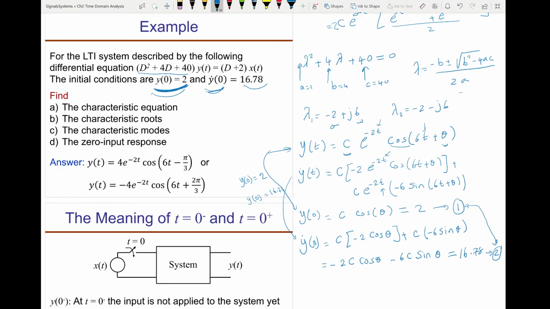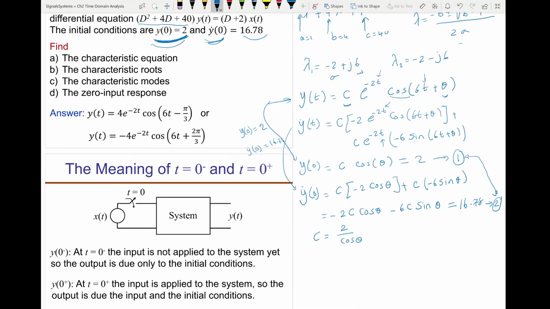One way to do that, let's use equation 1 to define C. So C will be 2 over cosine theta. Now I'm going to replace the value of C in both places by this value. So then I will have minus 2 over cosine theta times cosine theta, minus 6 times 2 over cosine theta times sine theta, equals 16.78.